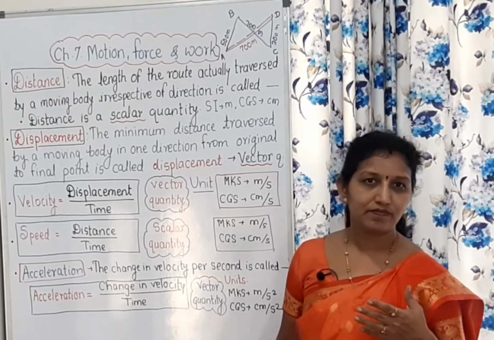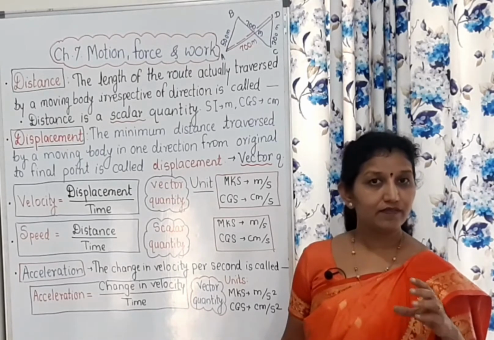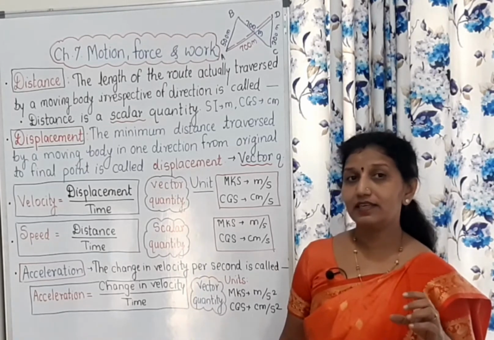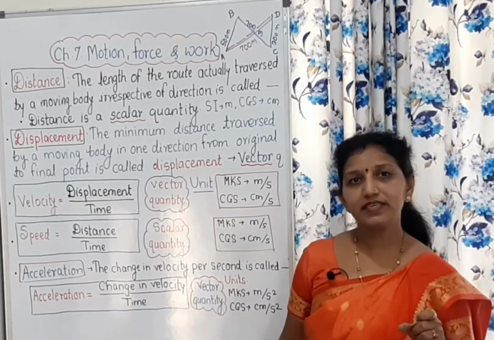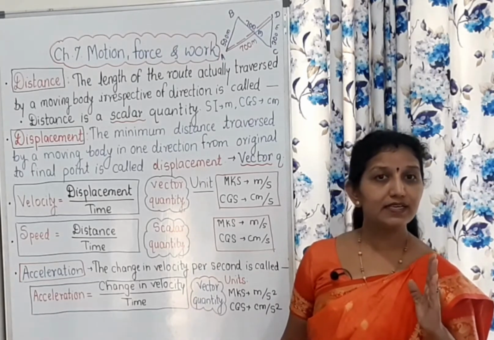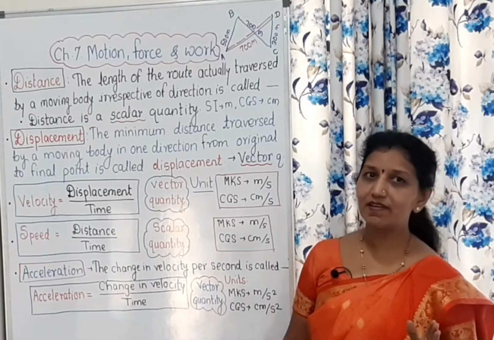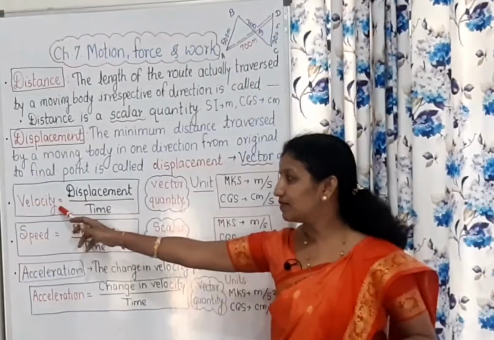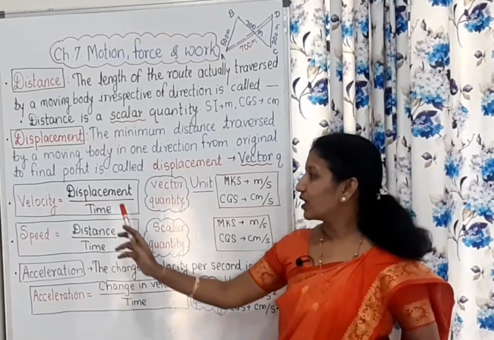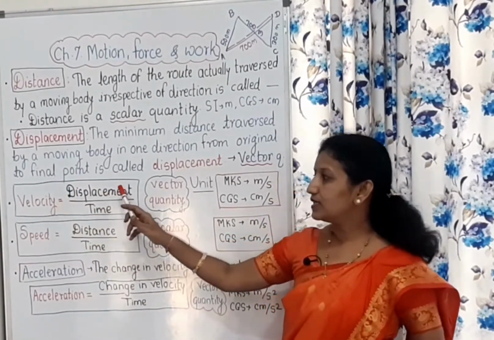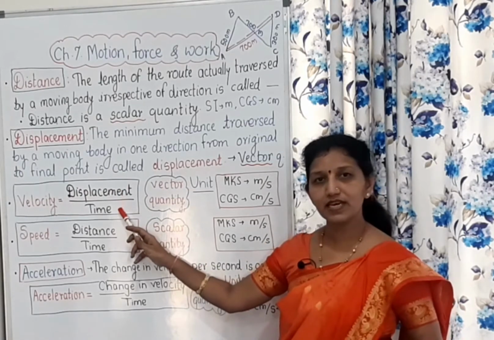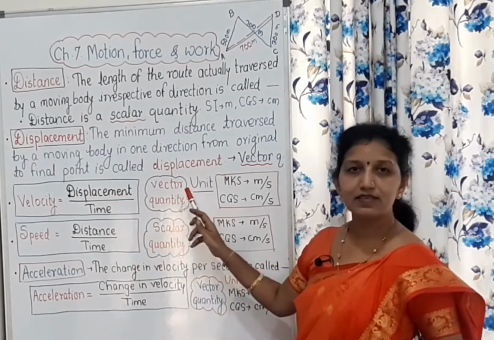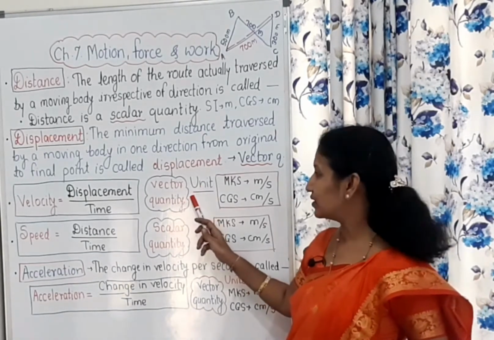Whenever we say such things, we have to specify the direction. That's why displacement is required here, and that's why it is velocity. Velocity is equal to displacement upon time. Here direction is required, that's why velocity is a vector quantity.